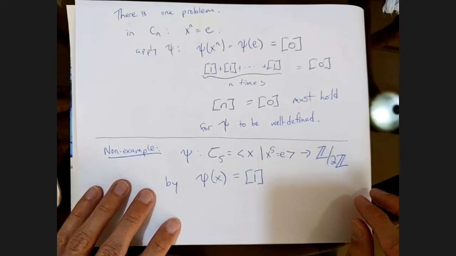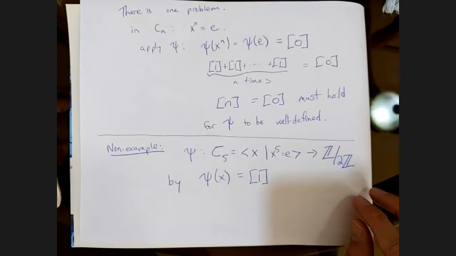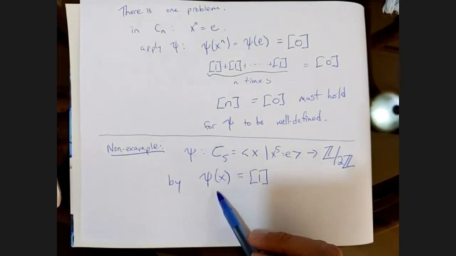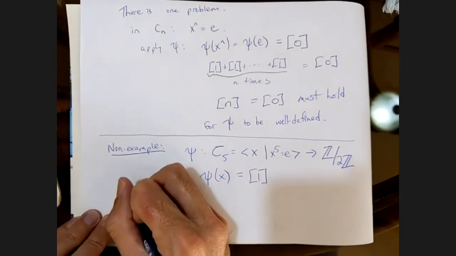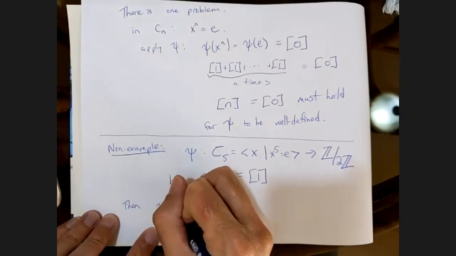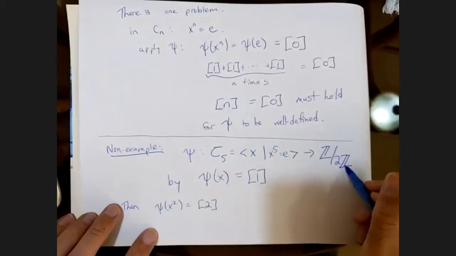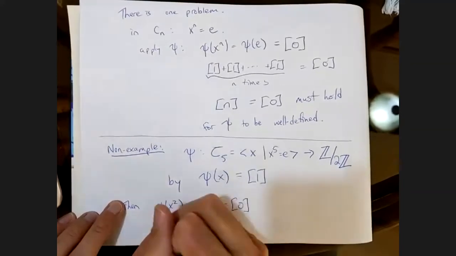Okay, so far it seems okay. That tells me what psi of x squared is. Well, psi of x squared is just the equivalence class of 2, and in Z mod 2Z, the equivalence class of 2 is the equivalence class of 0.